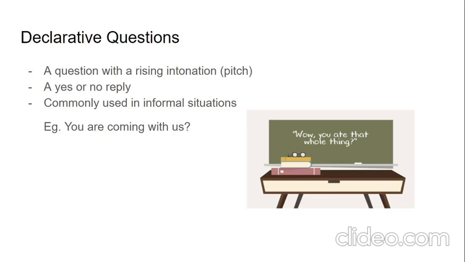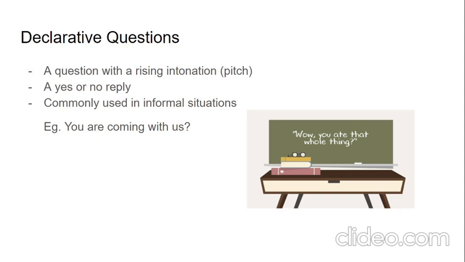The next one are the declarative questions. We use this very commonly, only in informal situations though. And a declarative question is asked with a rising intonation. Now, what is an intonation? It's to do with the pitch that we use. We either have a high pitch or we have a low pitch.